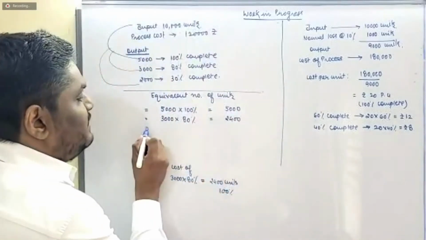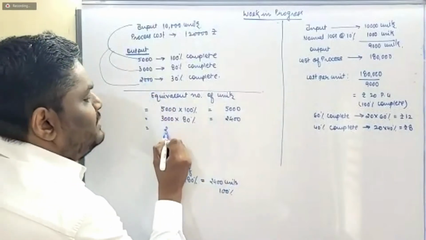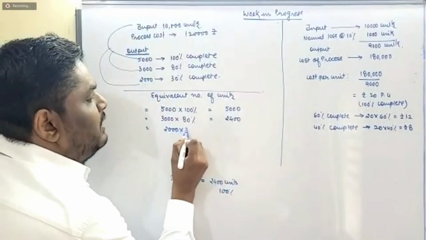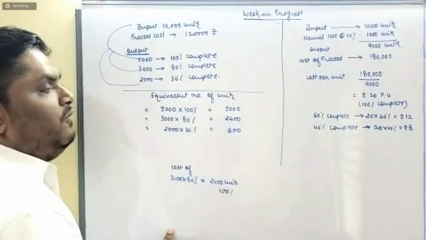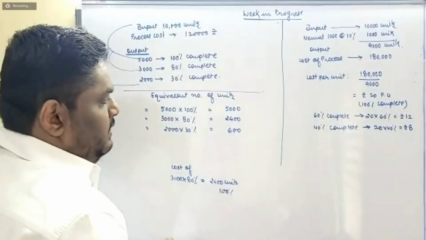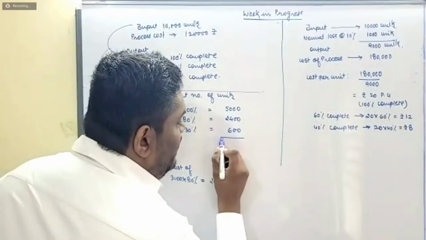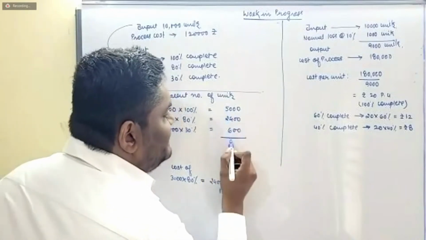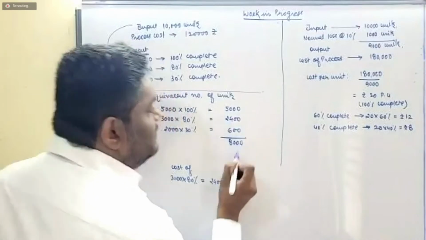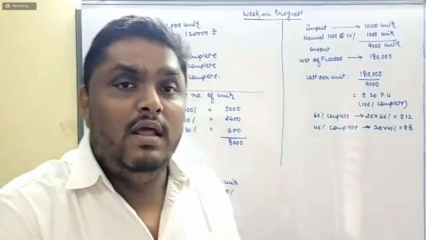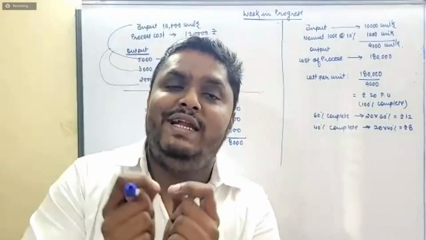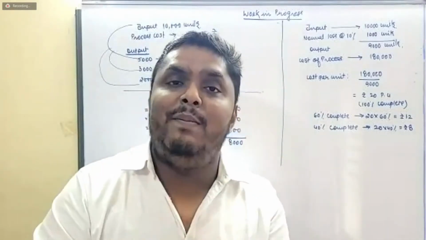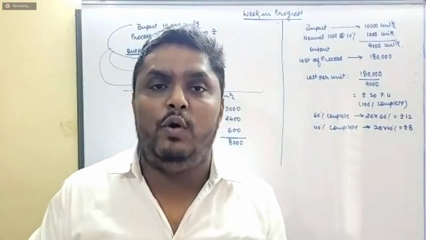In the third case, my 2,000 units are 30% complete. So the equivalent number of units will be 600. So total equivalent number of units will be 5,000 plus 2,400 plus 600, that is 8,000 units. I repeat again, in the second category, 3,000 units are 80% complete, so the equivalent number of units is 2,400 units.